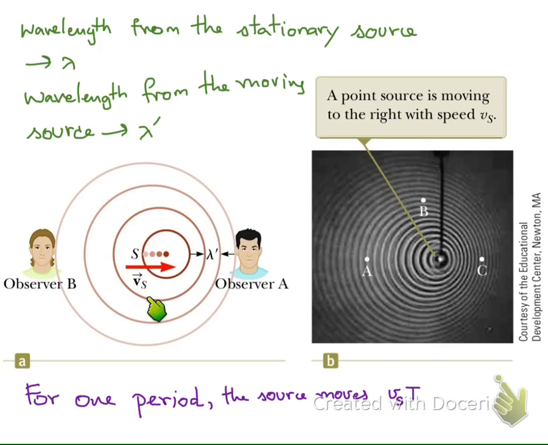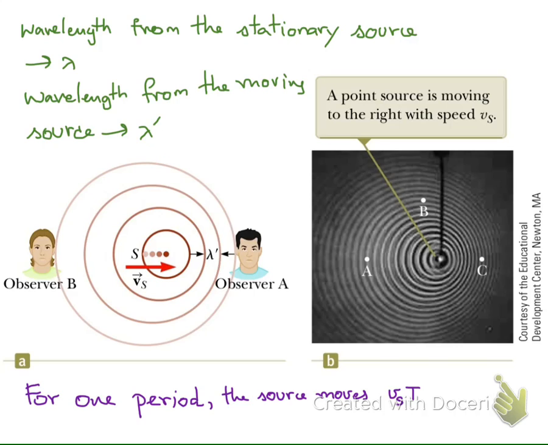Here Vs is the velocity of the source, and it means that this wavefront will be generated when the source moves this distance, and after that it moves independently from the source.